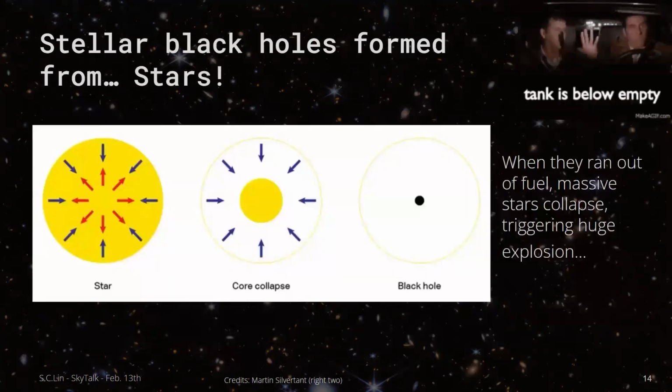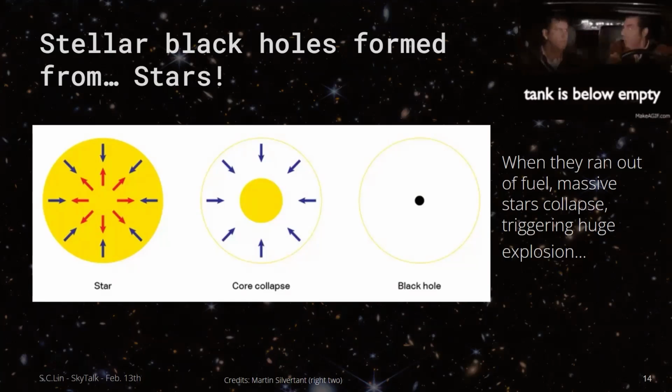And these black holes are so-called stellar black holes, and they are formed from stars. When a star is running its fusion, it has enough support from that energy to maintain itself. But when it runs out of fuel, with nothing to create the energy, it will start to collapse.